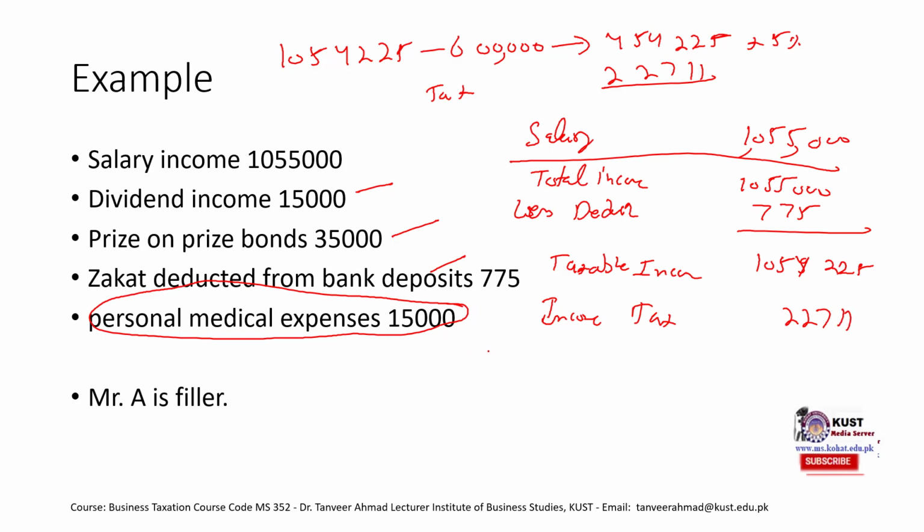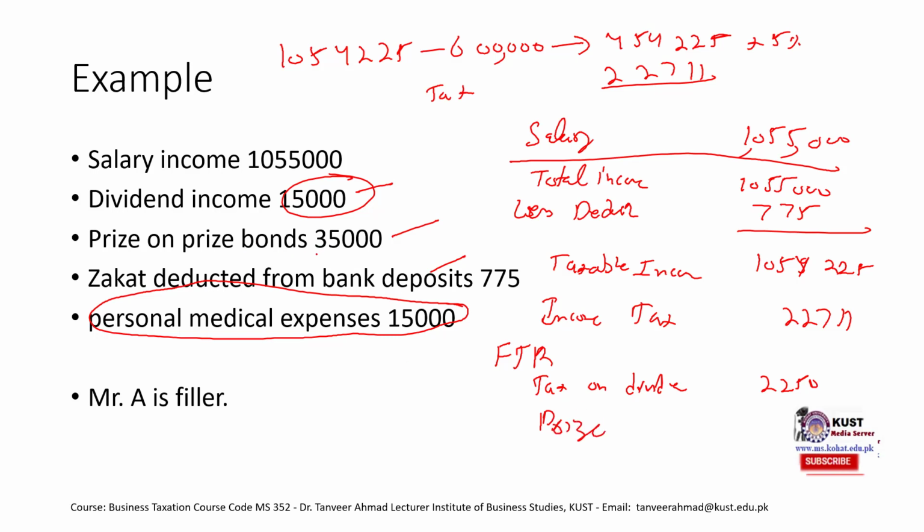Then we would have to add fixed tax regime, tax on dividend. Tax on dividend is 15% because he is a filer. If he was non-filer, then it would have been 30%. So 15% of 15,000 would be 2250. Then price bond, tax on price bond.